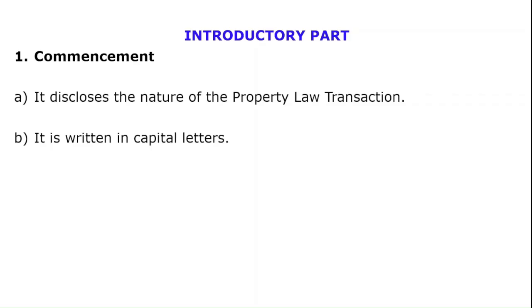So, if we were to answer that question now, asking us to draft the introductory part of that deed of assignment, which is the final document between Chief Adiola and Jumoke Kende, our simple answer goes thus. We're going to draft it this way: THIS DEED OF ASSIGNMENT. This is the commencement clause of a deed of assignment. This is simple and straightforward.